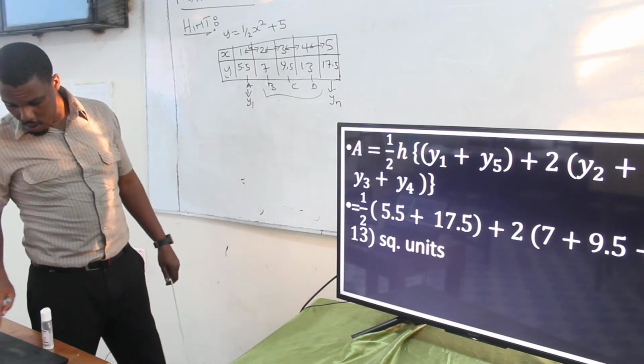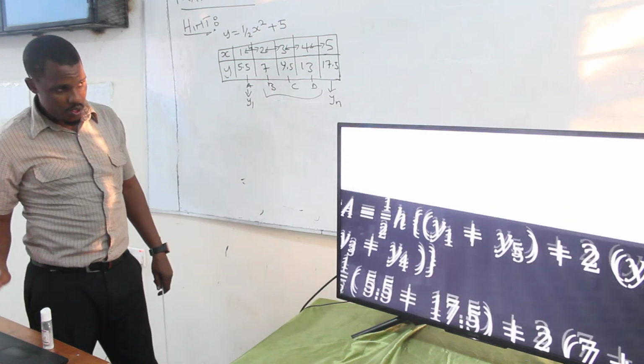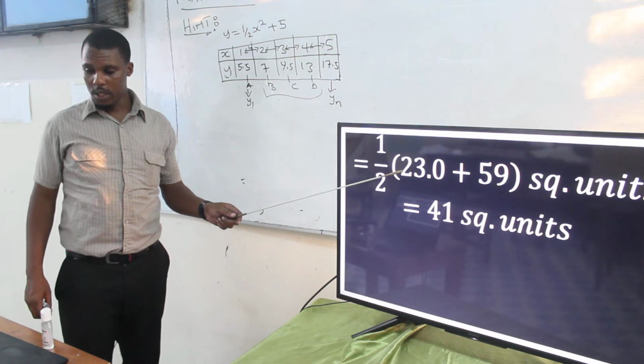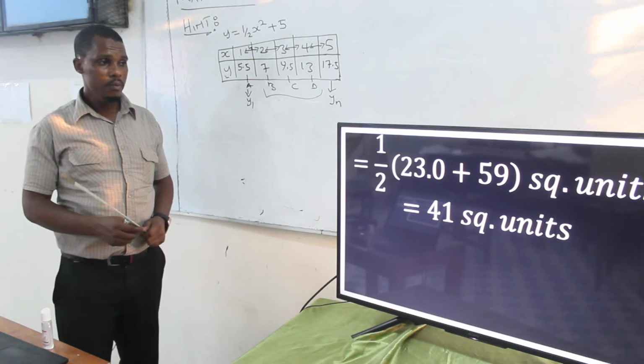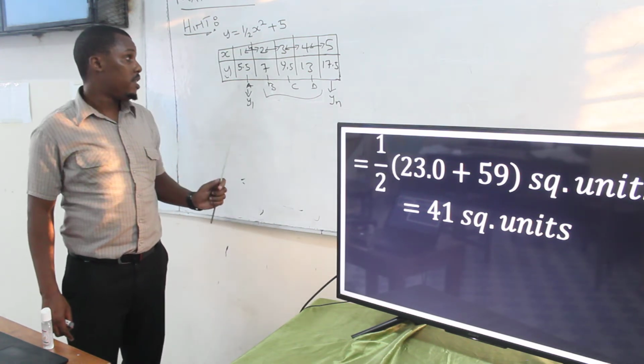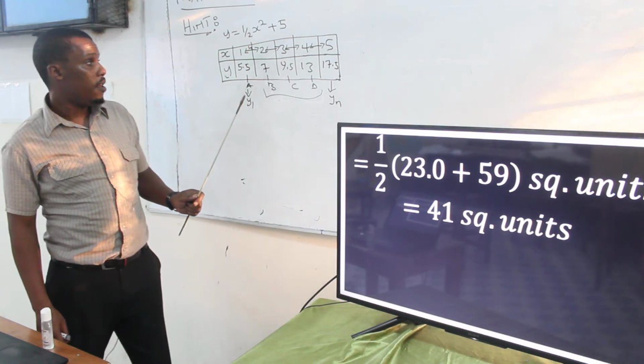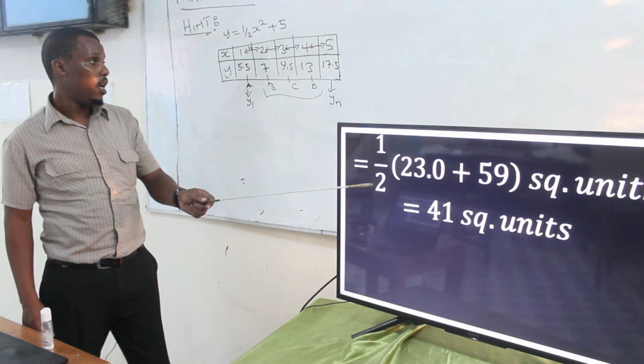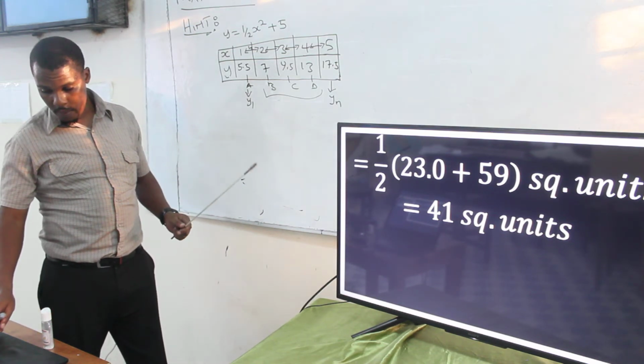When you do that, you carry out your substitution, this is what is going to happen. So you can see here we're having 23.0. When you add the first two, you get 23.0, then the other one is going to be 59. Let me take you back a little bit.